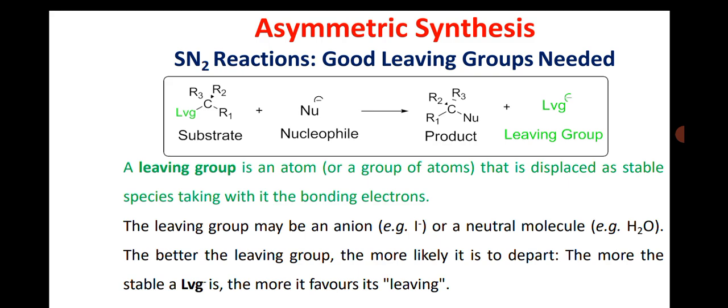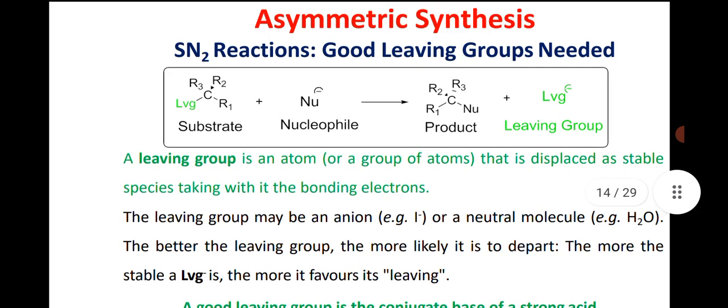Both these two factors help us to understand the chemistry of the leaving group and its category, whether it is a moderate, strong, or good leaving group. Okay, the leaving group, we have a definition, is an atom or group of atoms that departs as a stable species, taking with it the bonding electrons, meaning it leaves the substrate along with the electrons.